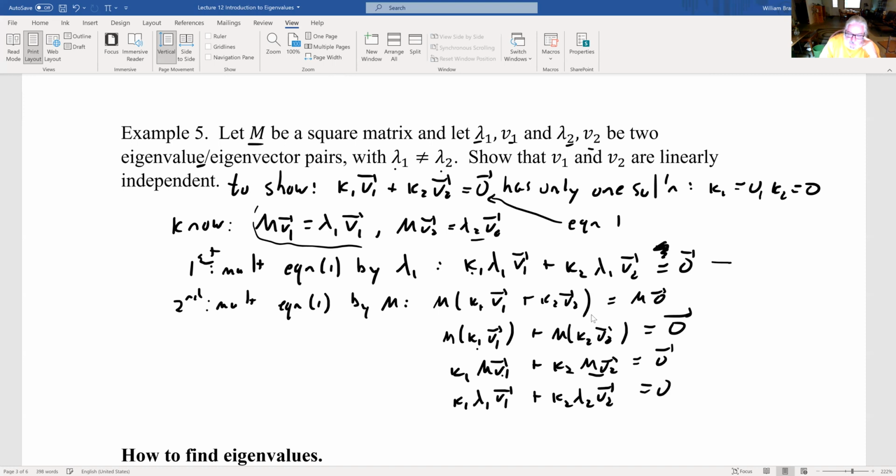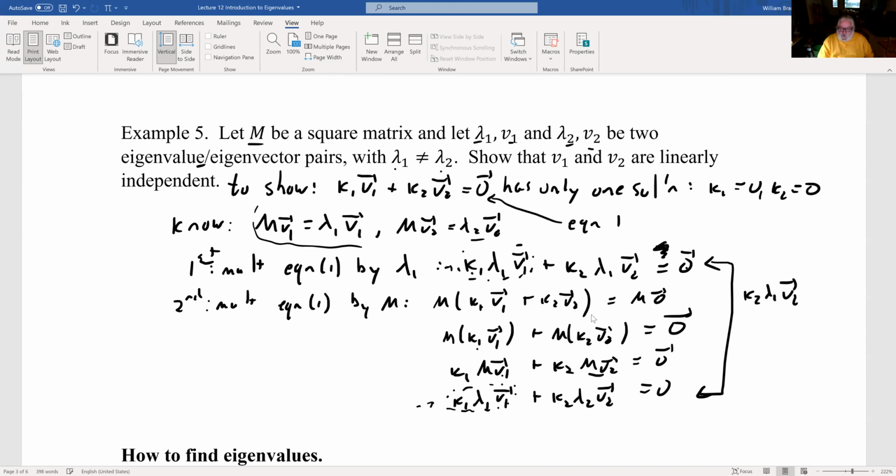So we have these two equations, and we want to show the only way we can solve them is if k1 and k2 are both equal to 0. But notice that they have the same term in common, and they're both equal to 0. So if we set the left-hand sides equal to each other, we get k2 lambda 1 v2 equals k2 lambda 2 v2.